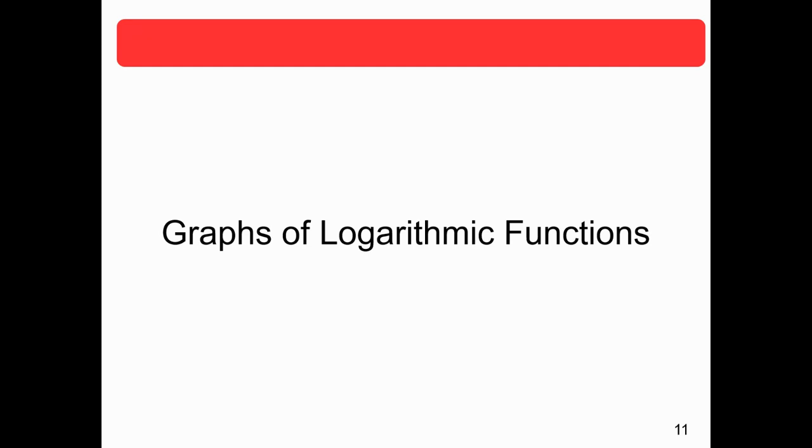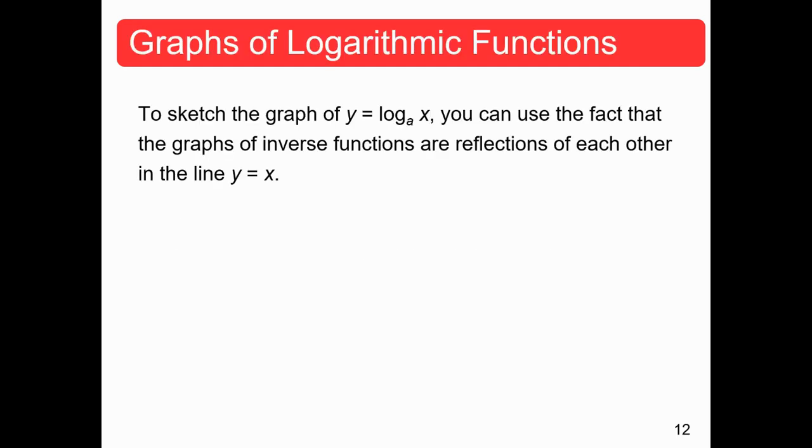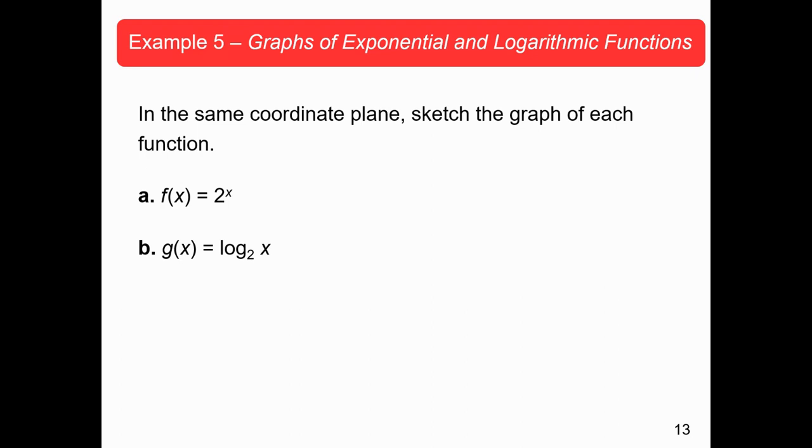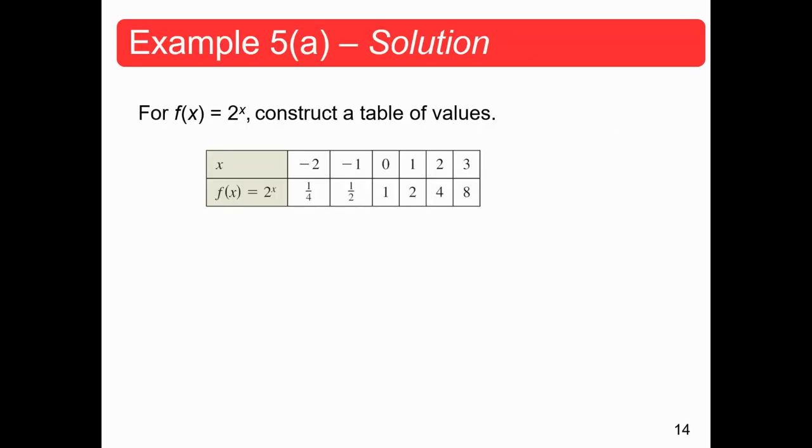So a graph of a logarithmic function can look like this. We're going to look at both of these. First, I'm going to make a t-chart of the 2 to the x graph. You notice that the t-chart has x from -2 to 3, and if you plug that in, you'll get 1/4, 1/2, 1, 2, 4, and 8.